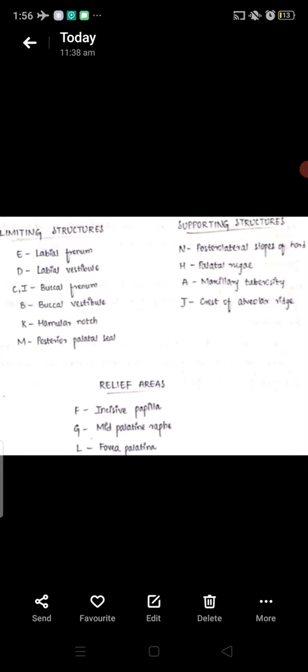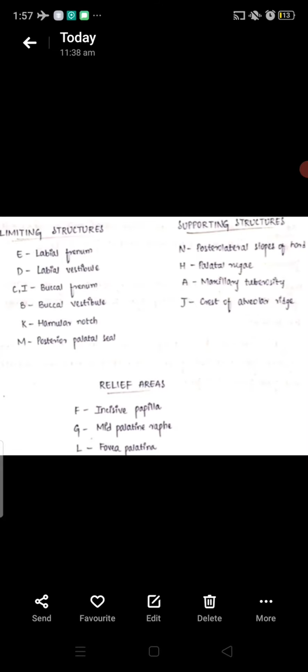Now first, limiting structures. For easy understanding, we divide the limiting structures into three: anterior, buccal, and posterior.